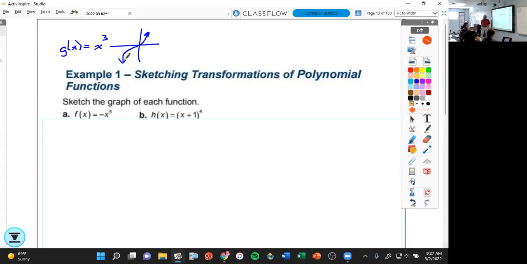So negative x to the fifth, what's the negative sign going to do? Flip it across the x-axis. And what's the exponent of 5 going to do? It will be steeper. What else? In the center it's going to be flatter, so more spread out.